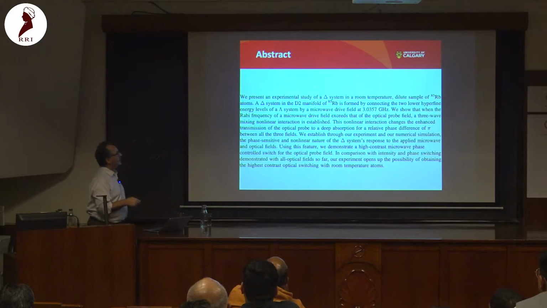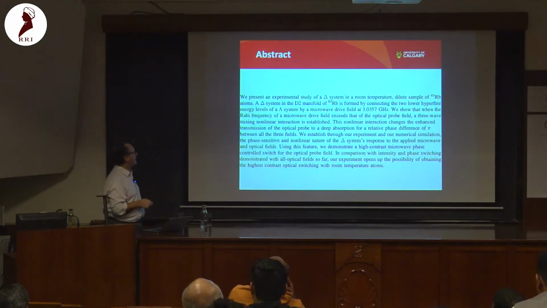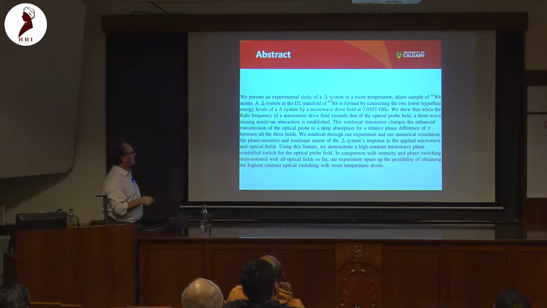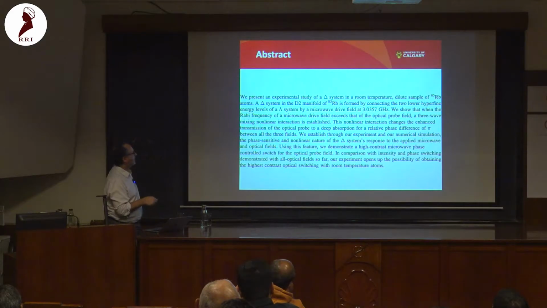Here you can see a delta system at room temperature. We used rubidium-85, the D2 manifold, so it's a particular common line in alkali atoms. And then, Rabi frequency, remember, that's essentially the dipole dot electric field of a microwave drive field, exceeds that of the optical probe field. So we push the Rabi frequency up, so it tells us the flopping rate between 2 levels. We can get three-wave mixing nonlinear interactions.